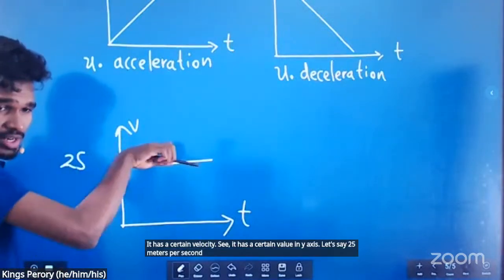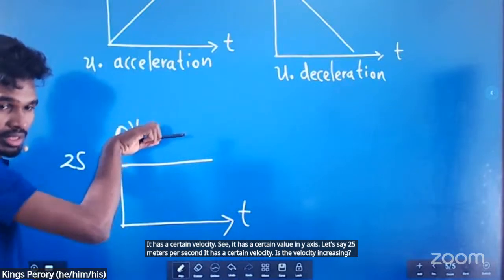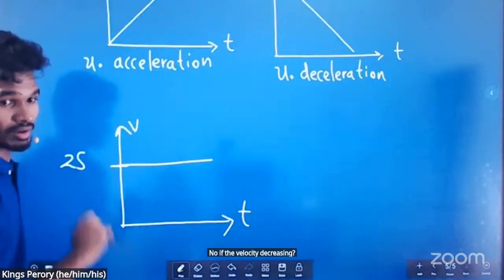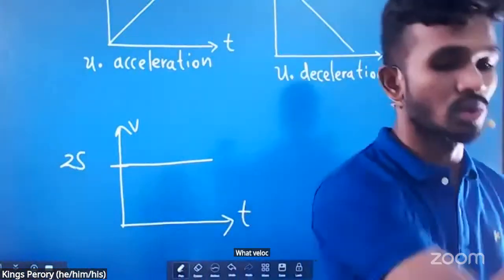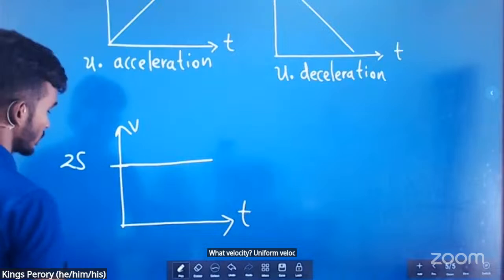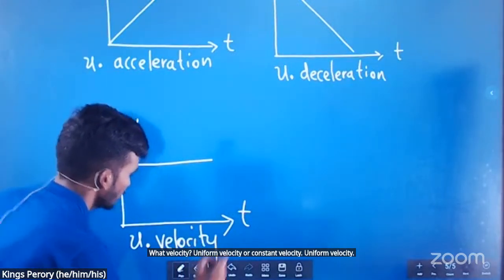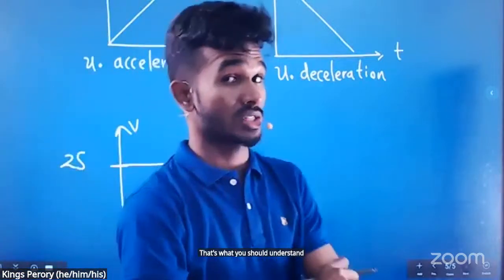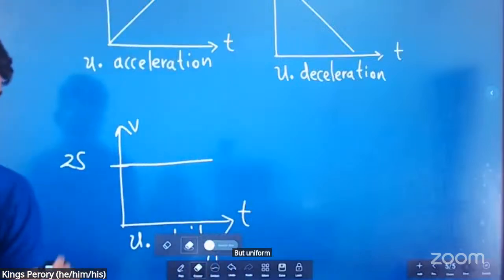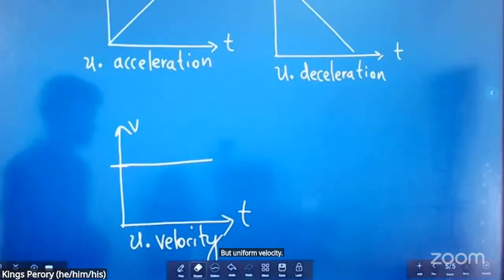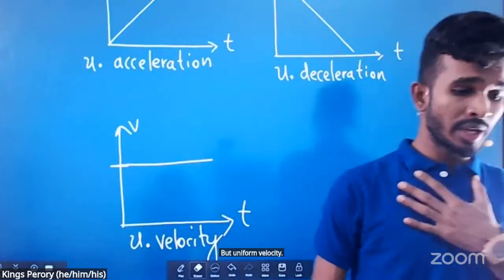Is the velocity increasing? No. Is it decreasing? No. Then it is uniform velocity, or constant velocity. It's not at rest. It has a certain velocity, but uniform velocity.